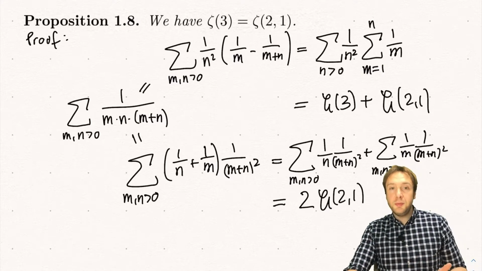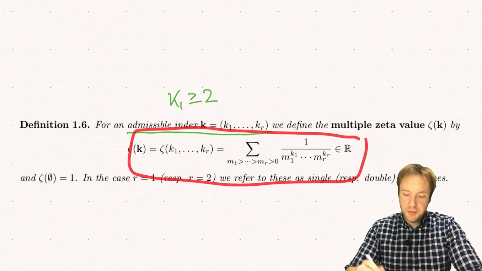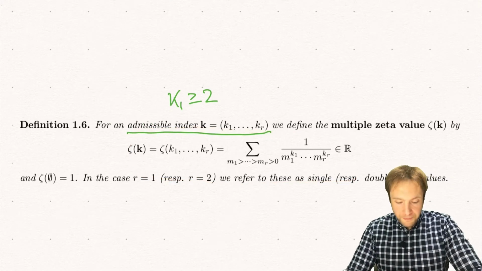So this is a simple proof, and this gives the first linear relation among these numbers.